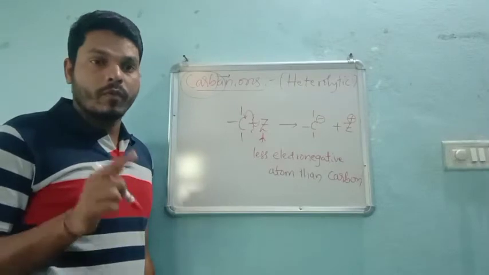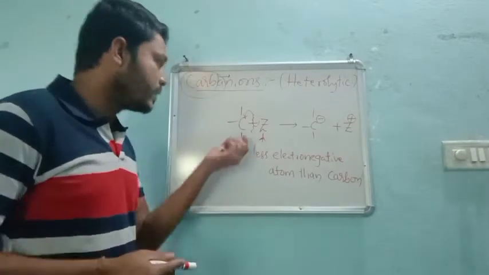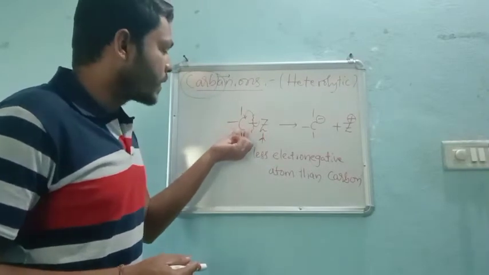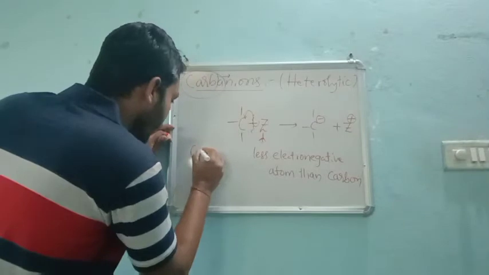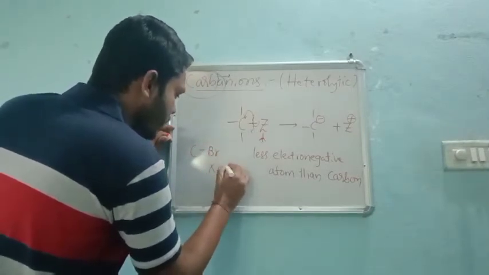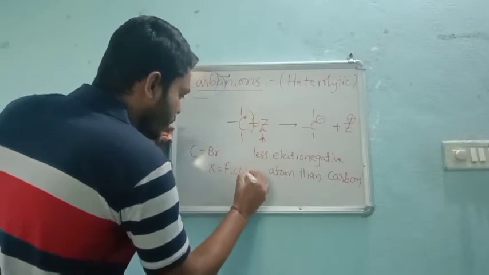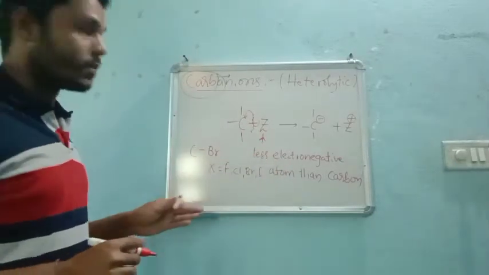So for the formation of a carbocation, what we require is that with carbon there must be a more electronegative atom, like X, which is nothing but fluorine, chlorine, bromine, or iodine, that means halogens.